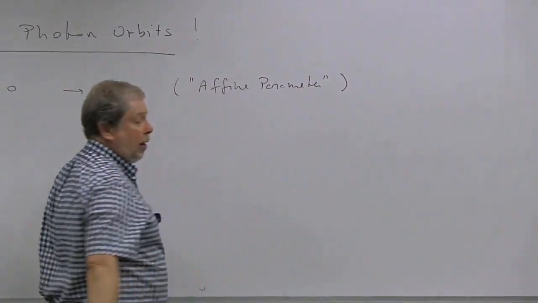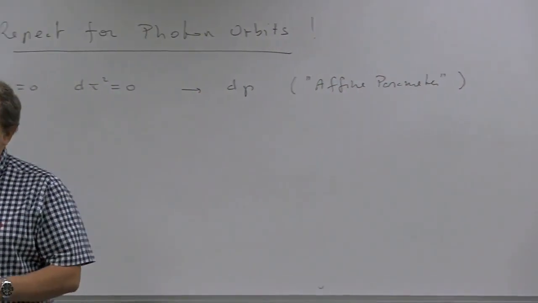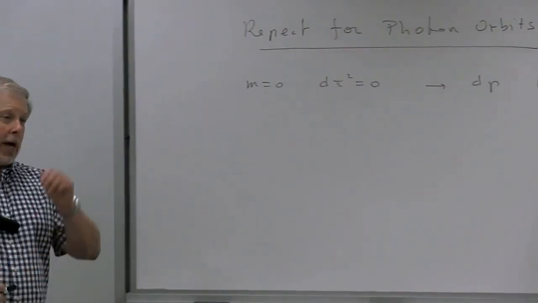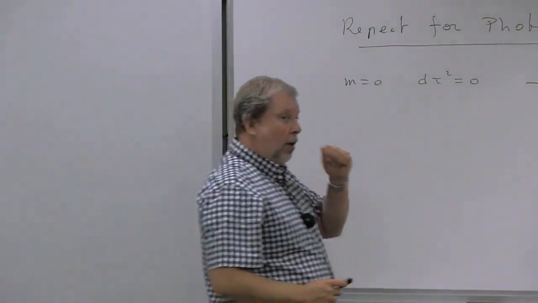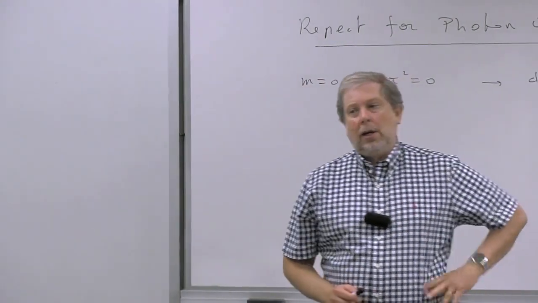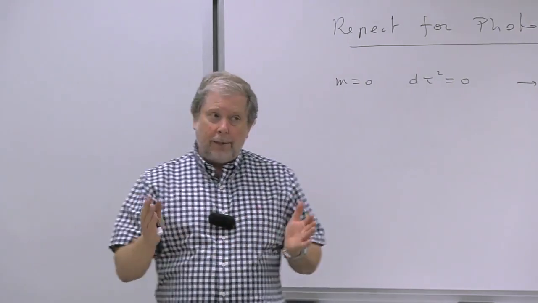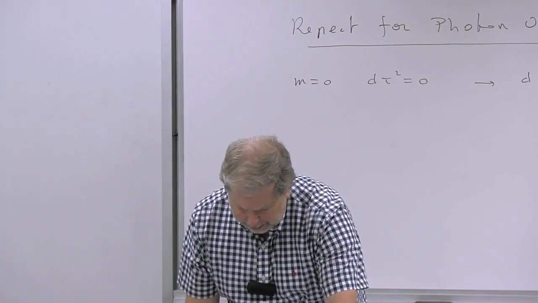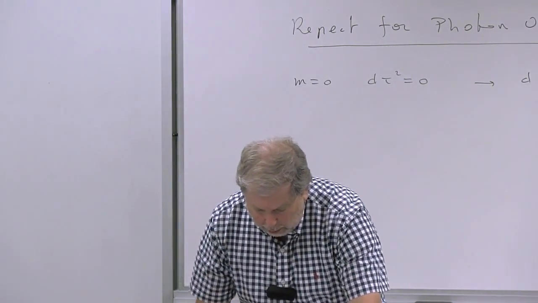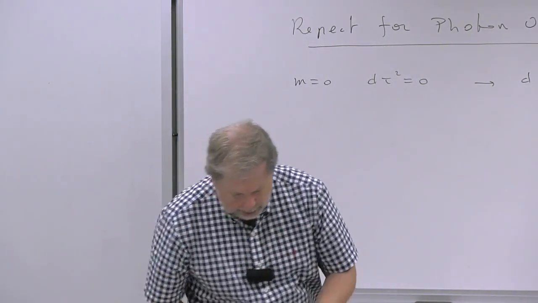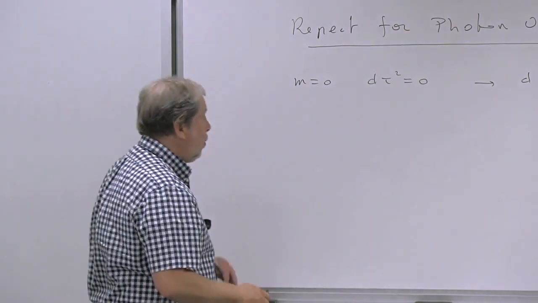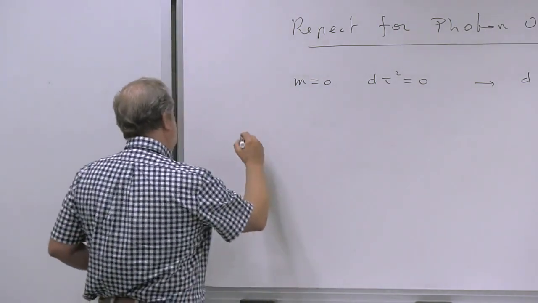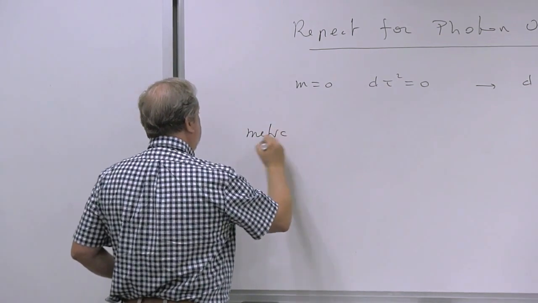Right? Well, that doesn't really cause any difficulties, because basically what it amounts to is having everywhere, instead of the tau, having the p, right? And so the p is a parameter that just tells us how far along we are on the trajectory of a particle, right? And so we go back and look at the equation for free fall, or even more simply, we can look at the metric.